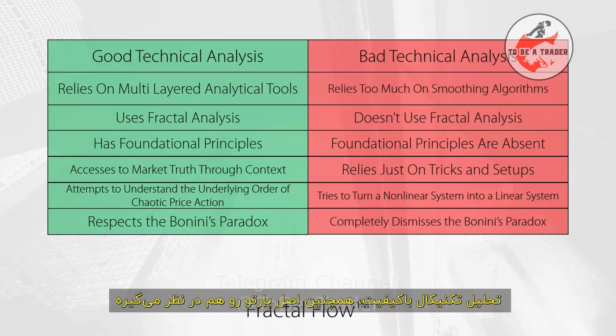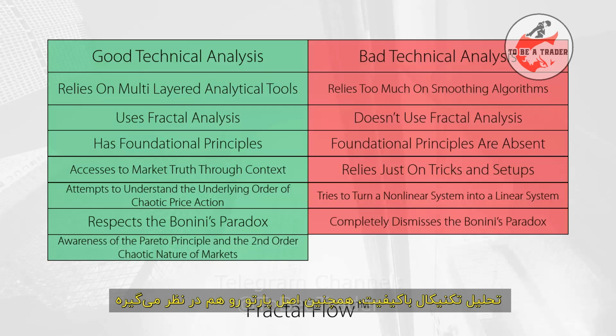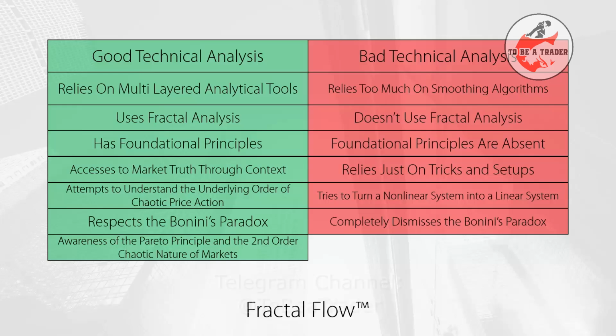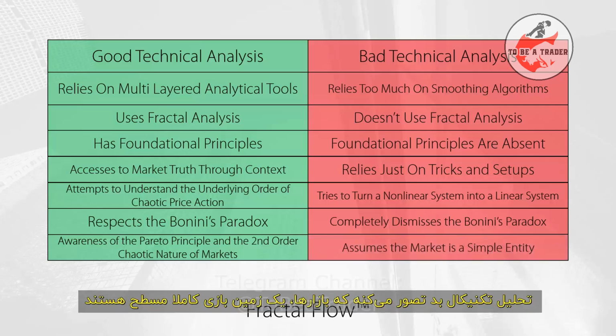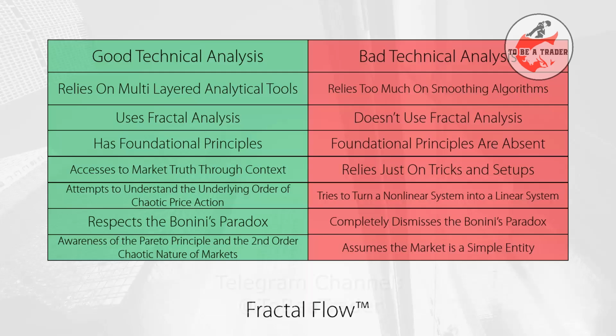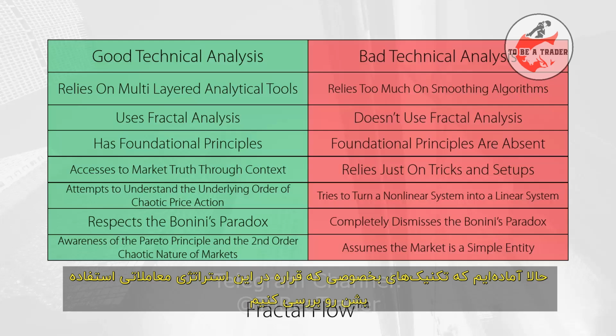High-quality technical analysis also takes into consideration the Pareto principle and the fact that markets are chaotic systems of second order. Bad technical analysis assumes the markets are a completely leveled playing field where all market players have equal power. Now we are ready to explore the specific techniques that are going to be used in this trading strategy.